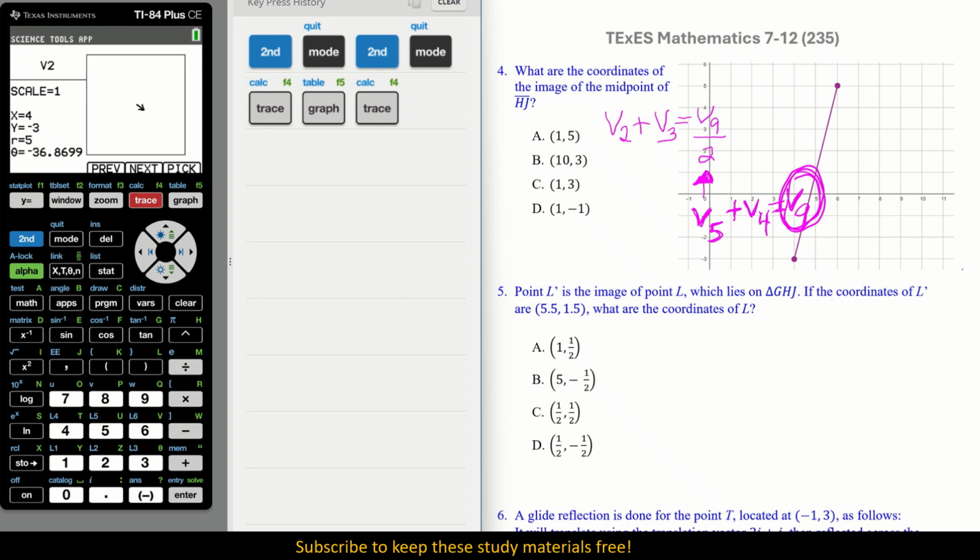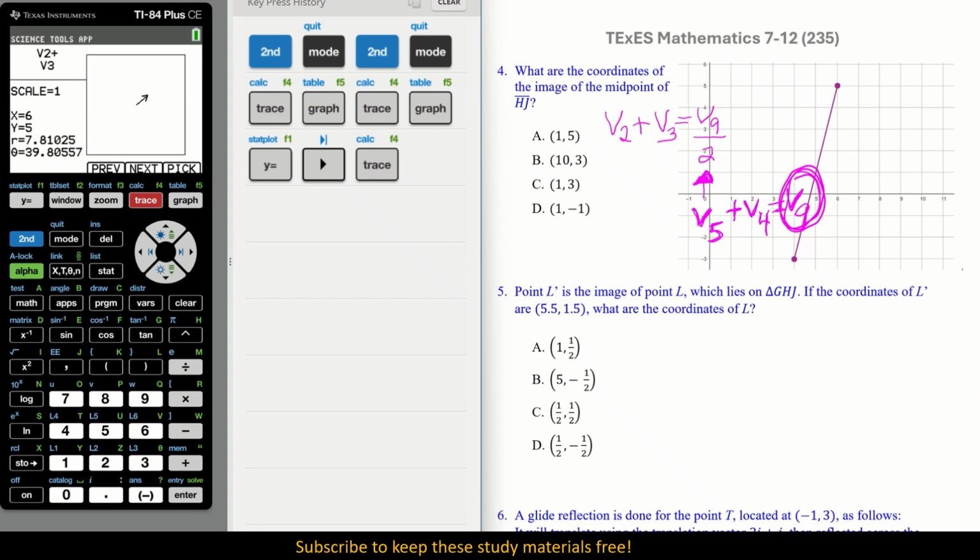Go to trace. Great. Now we are going to pick it and we're going to add. But we need to go to V3. And remember, V3 was our J. So we have H plus J. Great. Right now, so we need to go over to that. Yes, and I am correct. And I keep looking at my paper, because we don't have that on screen anymore.